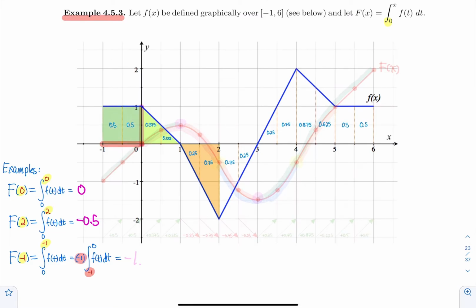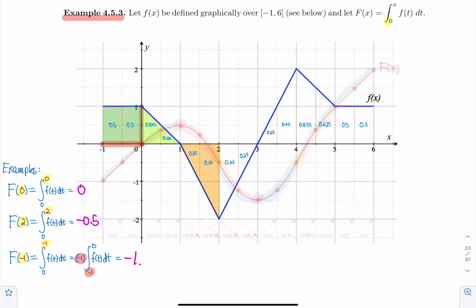So here in darker green, this is what we want. We know the area is 1, but because we need to multiply it by minus 1, the output is minus 1. So be very careful. Even if that definite integral between minus 1 and 0 is plus 1, because of property 3, we had to multiply it by minus 1.